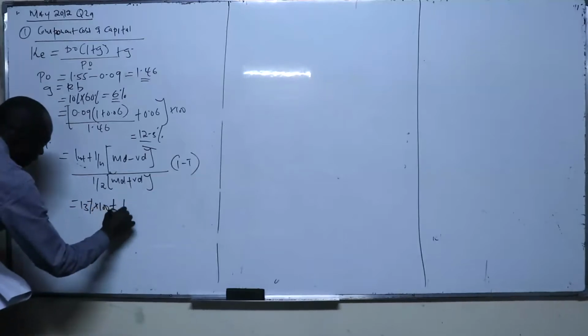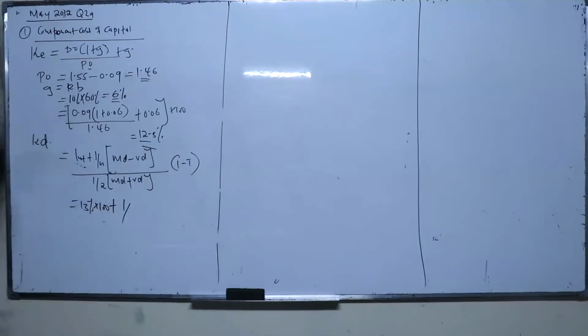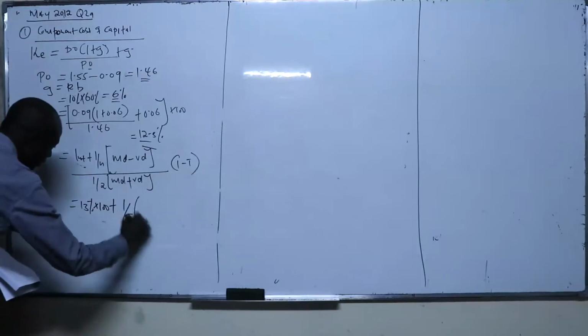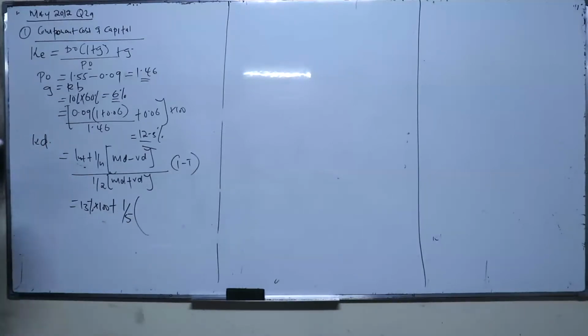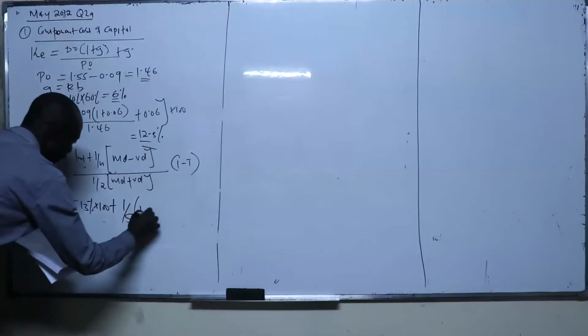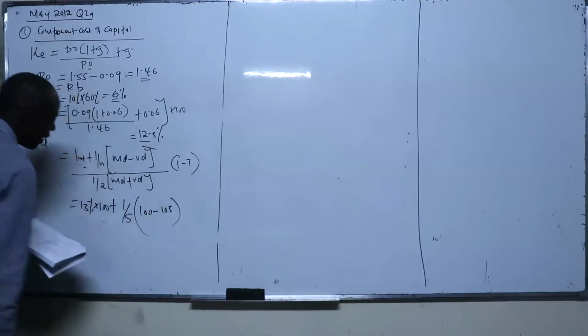Plus 1 over n. N is 5, isn't it? MD is how much? 100, isn't it? Minus 105, is it so?